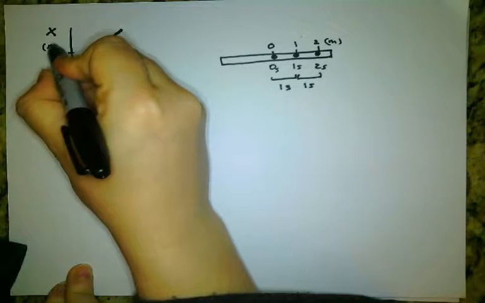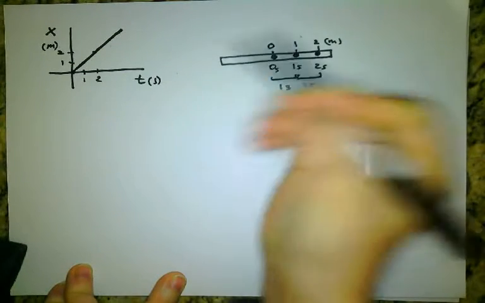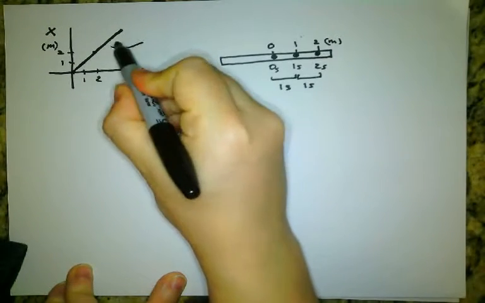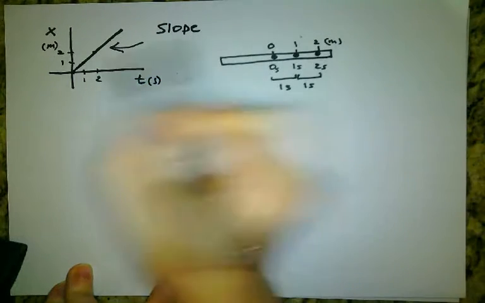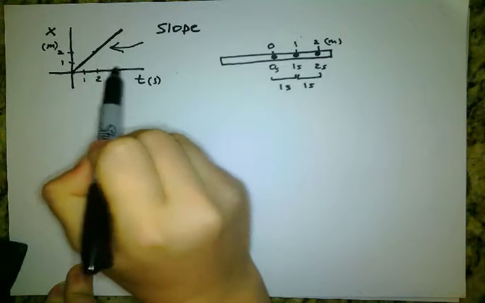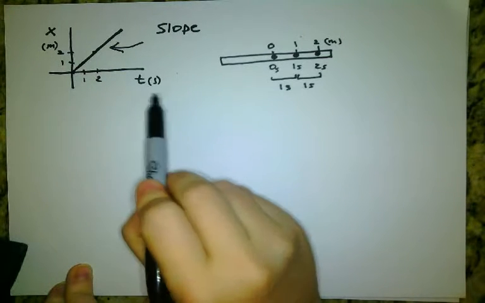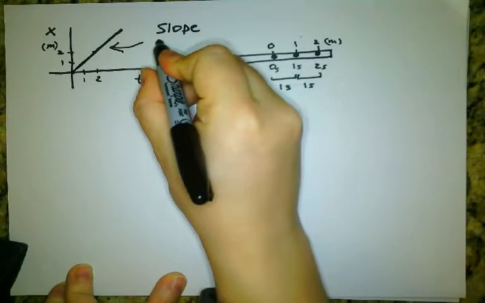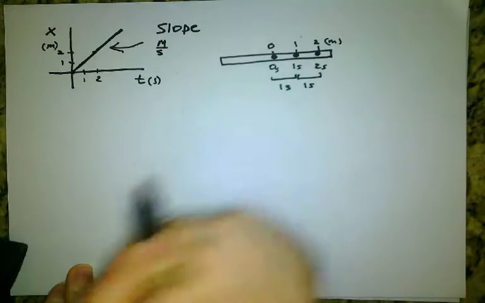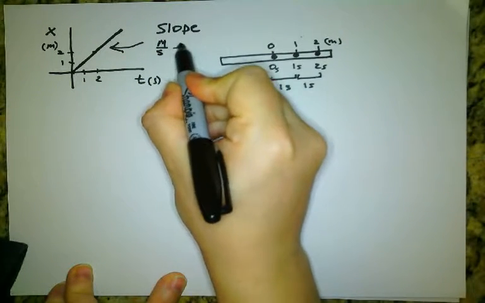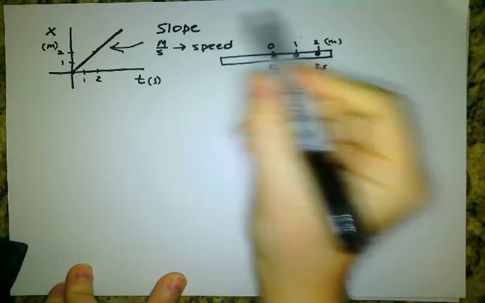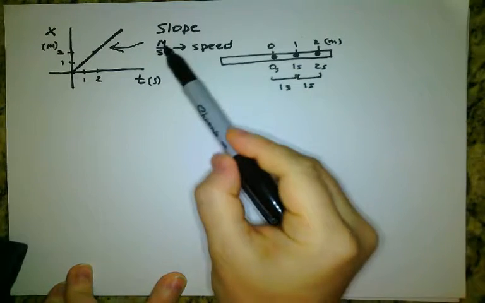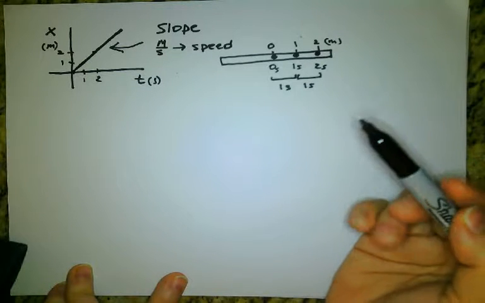And since you're measuring positions in meters and times in seconds, the slope of that line represents, when you're dividing rise over run, you're basically dividing meters by seconds. So these units represent a speed, because it's telling you how fast you're going by telling you how far you go each second.